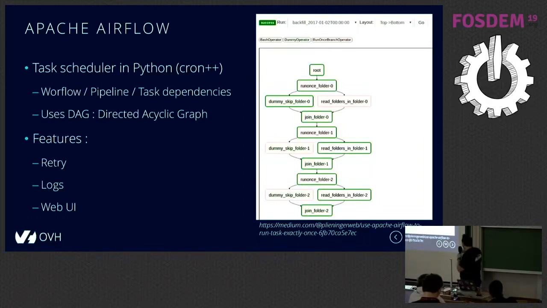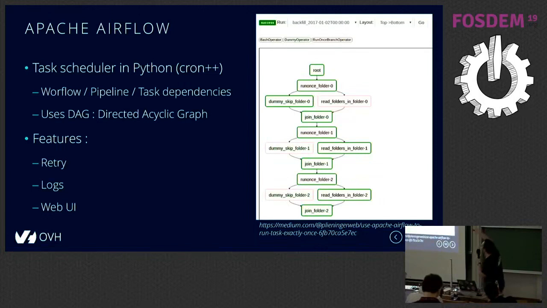So you can see to the right of the screen here, we have some tasks to be done before some other tasks. And we can also have some tasks running in parallel, and this task is waiting for the result of the other task. The best practice is to have idempotent tasks.